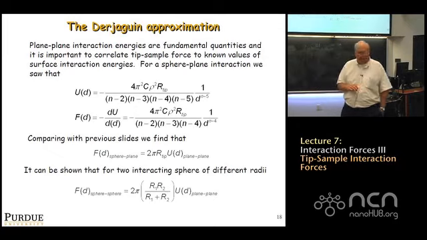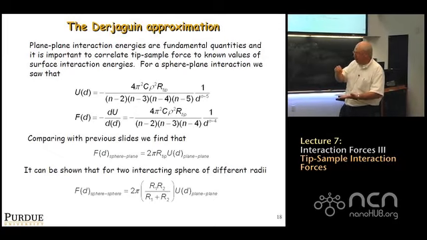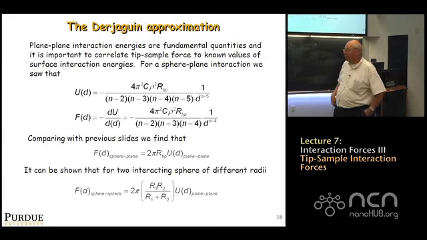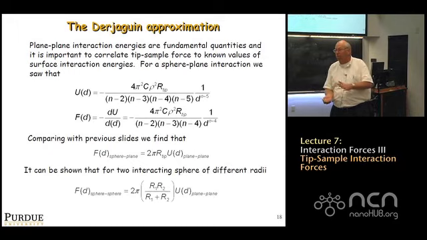What it says is, you take a sphere and push the sphere onto a plane, and then you measure the force that's required to separate the sphere from the plane. And by the magic of the algebra involved, it just turns out that separation force is 2 pi times the radius of the tip times the interaction energy between two planes.